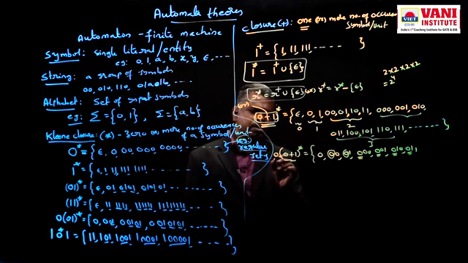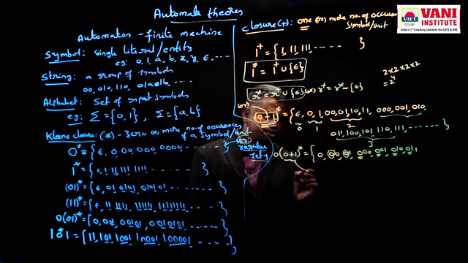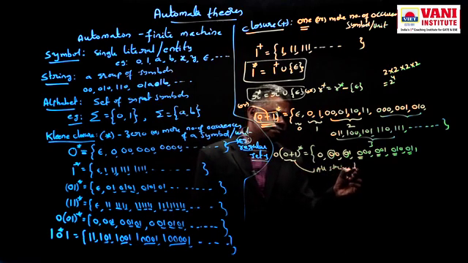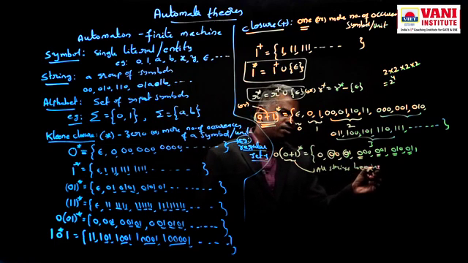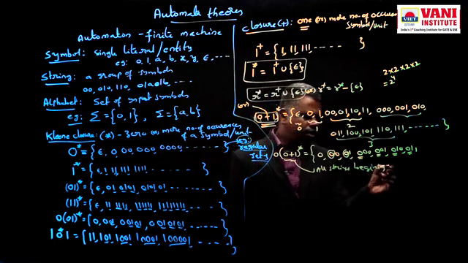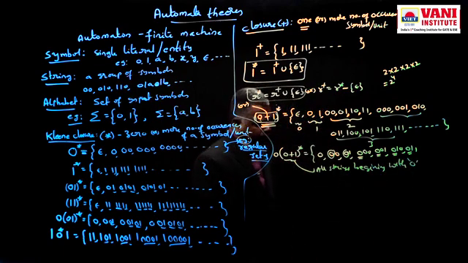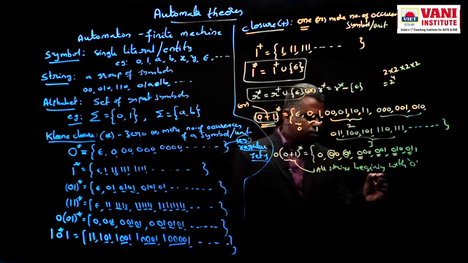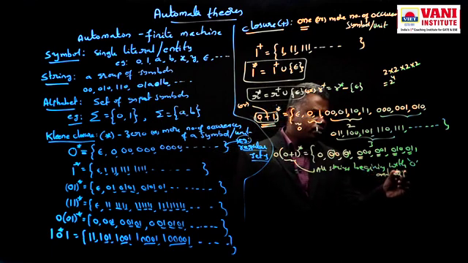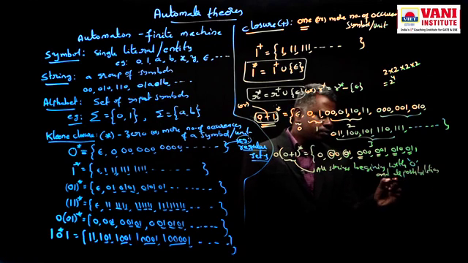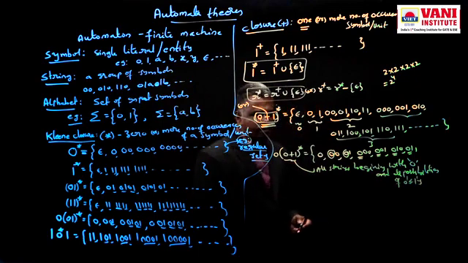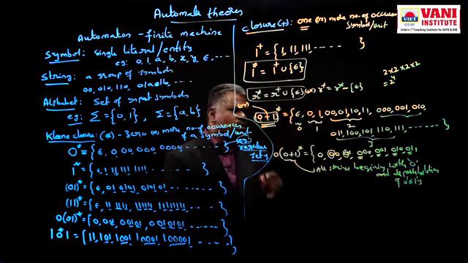In English, these are all the strings beginning with 0 followed by all possibilities of zeros and ones, whereas (0 or 1) whole star is considered as all strings of zeros and ones.